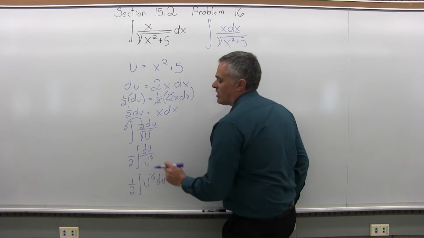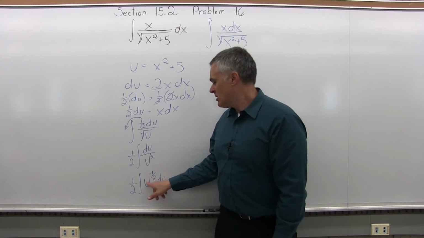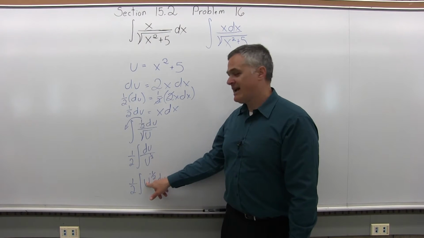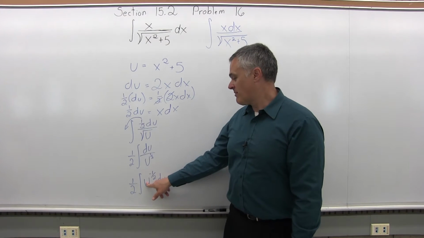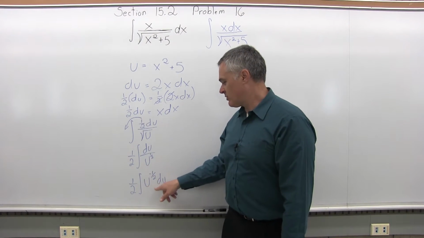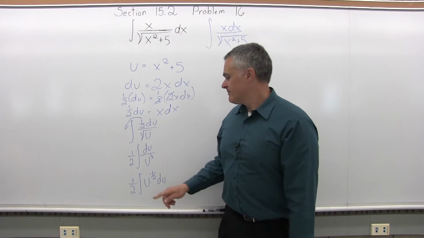See, I can leave it in the denominator with a positive exponent, or bring it up into the numerator with a negative exponent. I have to write it in the numerator in order to apply my integration technique of 1 over n plus 1 u to the n plus 1.